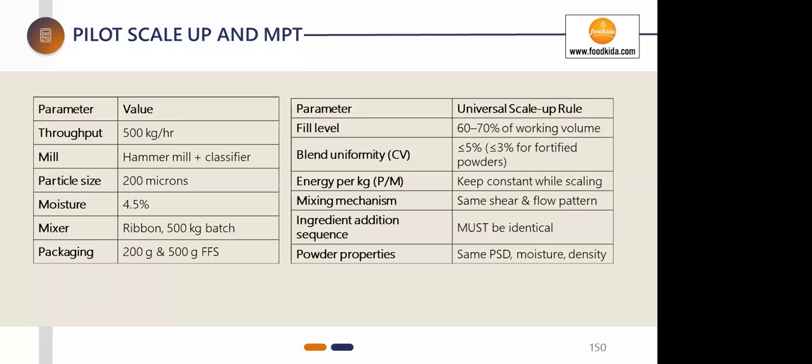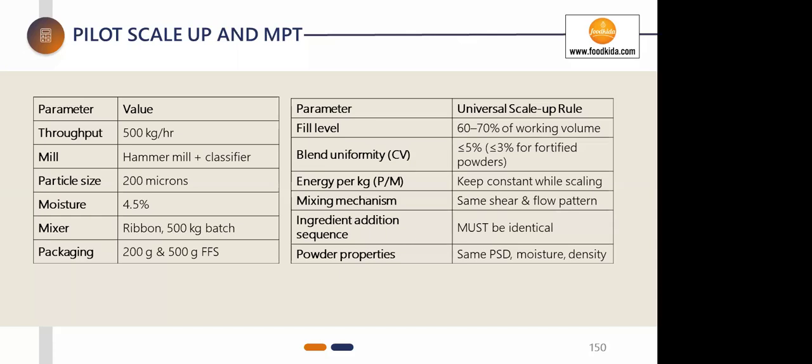Now, energy per kg. What is energy per kg? Power by mass ratio. How much mass you have taken inside and how much power, the rotations or the RPM, you have given. That has to be kept constant right from the lab to the pilot plant to the main plant. If power by mass ratio is 1.5, you have to keep 1.5.